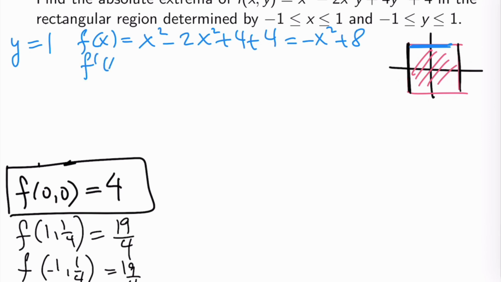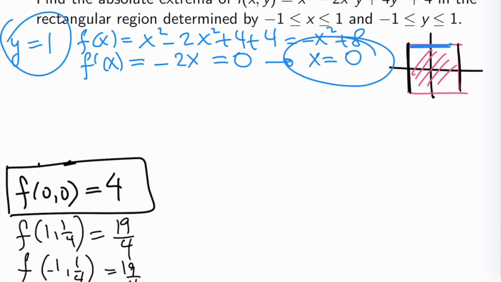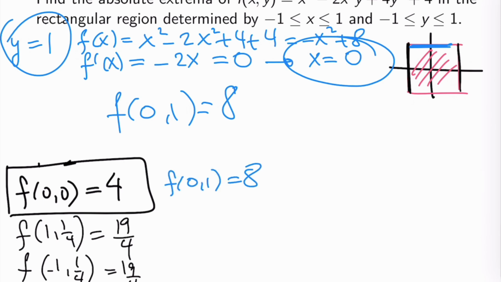We do the regular derivative of a function of one variable, and this is equal to minus 2x. We make this equal 0, and we get that x is equal to 0. That's our next point, (0, 1). Let's evaluate the function at (0, 1). The result is 0, 0, and so here 4 plus 4. So the result is 8. So this is the next value in our list. f of (0, 1) is 8.